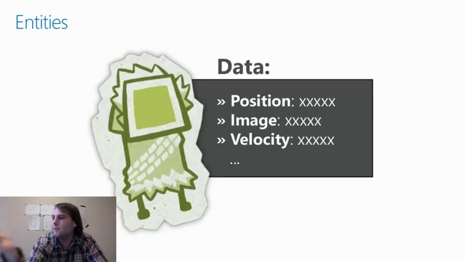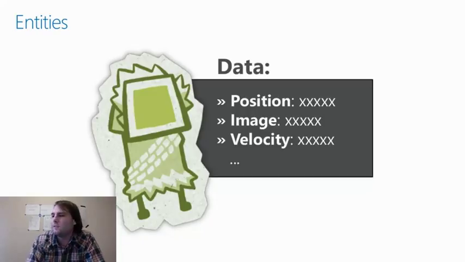In our game, our hiker is one of our main entities. It stores position, its image, which is the sprite sheet that we'll use, its velocity, which is basically the direction it's traveling, and then it has a bunch of other states, like am I alive, did I get hit by a snowball, that kind of thing.